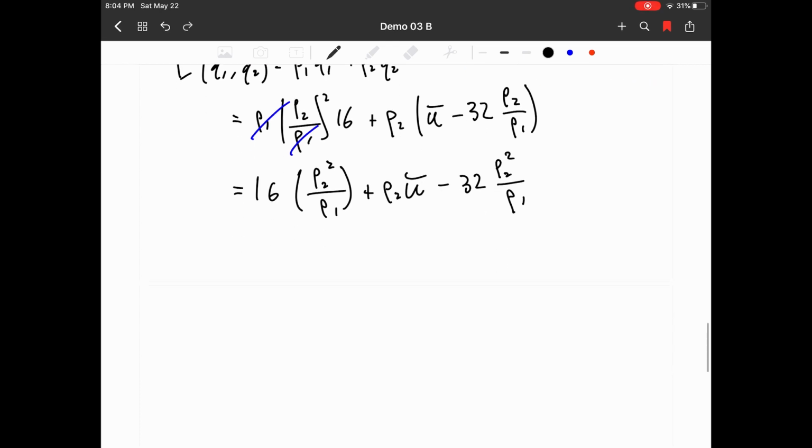And then we can just simplify this because we have 16 and 32. So this is just p2 u bar minus 16 p2 squared over p1. And this is our E star.